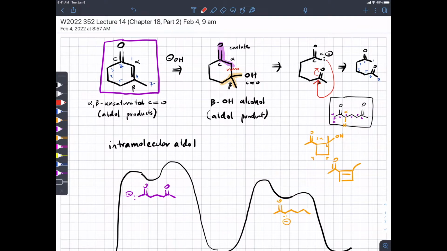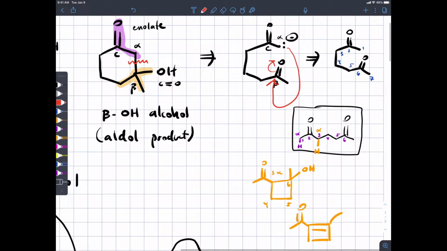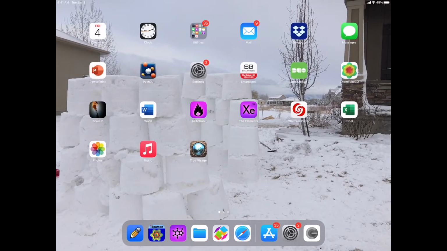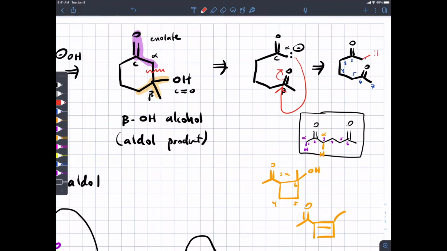Could you just explain really quick how the dicarbonyl on the right ends up being the unsaturated product? Okay. So the first step would be to remove this proton with the base, to give your enolate. Second step is the enolate attacks the carbonyl.